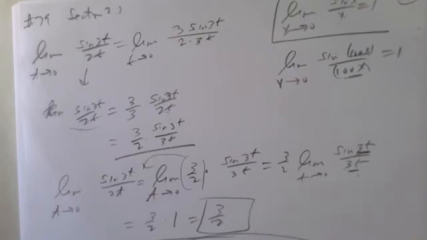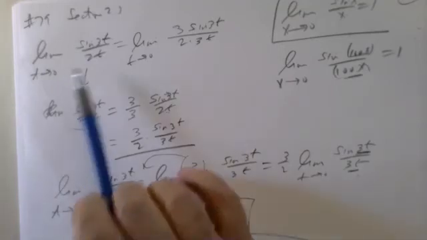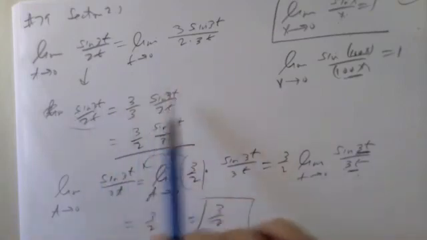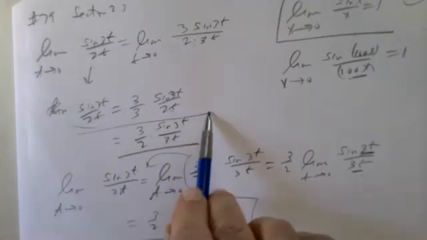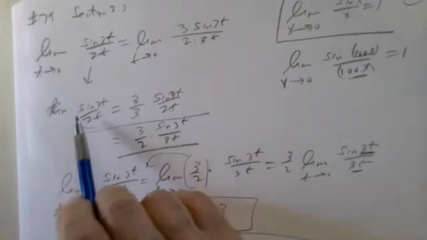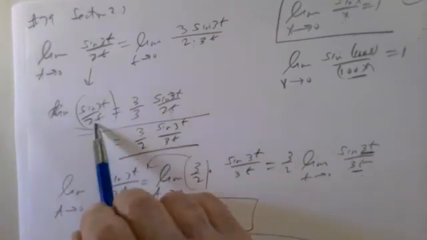Can you explain how you got the first 3 over 2? Well, I have 3 over 2s everywhere. I'm not sure where you're pointing at. I mean the 3 over 3 times sine 3t over 2t. Here? Yeah. Well, I have sine 3t over 2t, right?